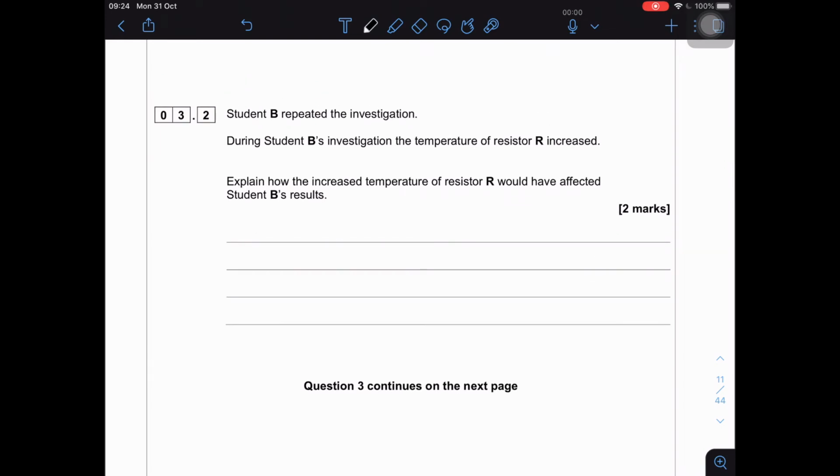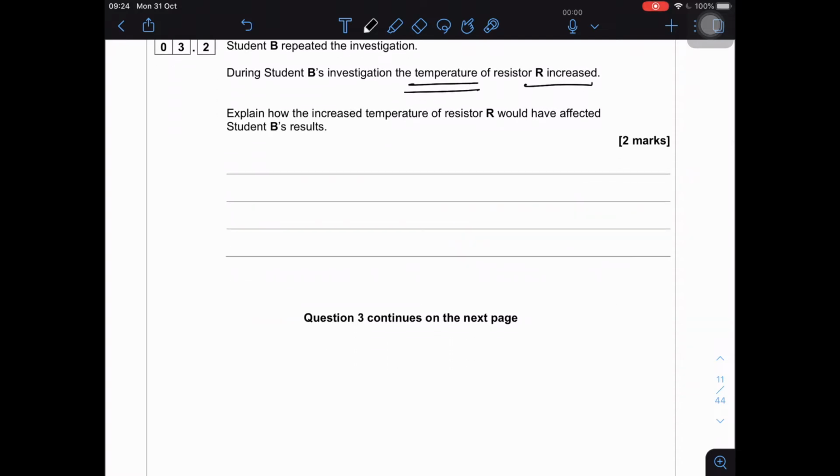Student B repeated this experiment one more time, and in the resistor the temperature increased. So how will this affect the result?